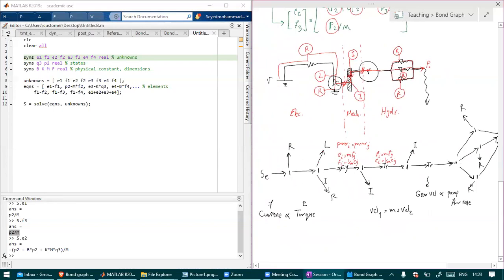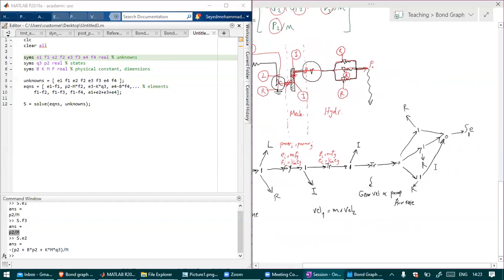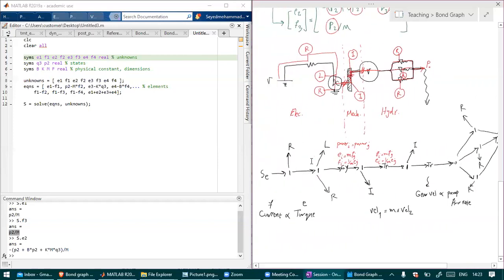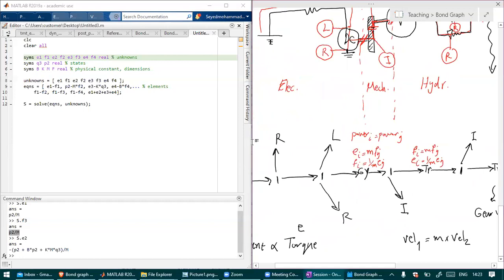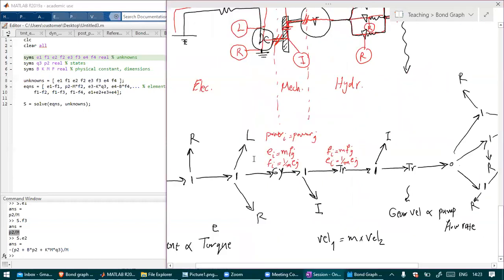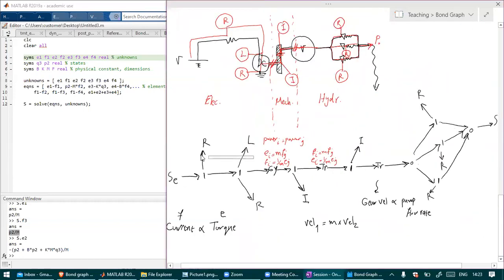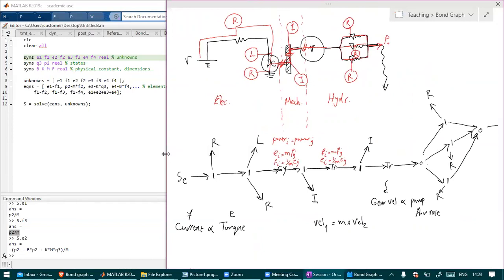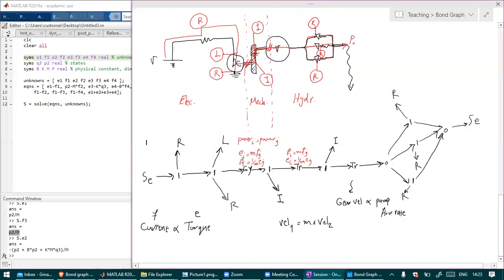Hadi, can you go back to the gyrator? So yes, in the gyrator, Fi is the current, right? Current determines the torque. Yes, Fi is current, Ej is the torque. And then Ei is the?